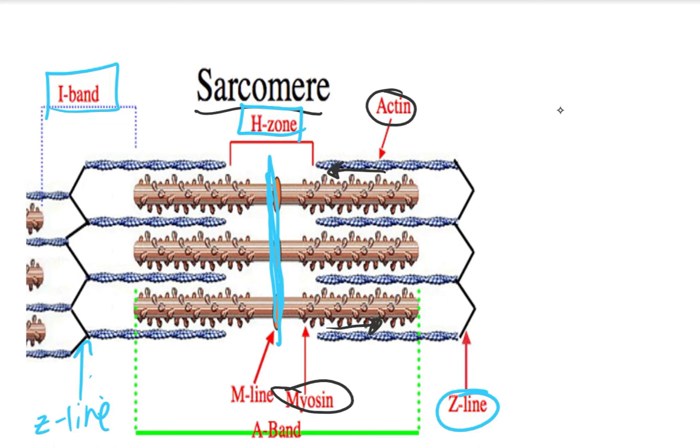And myosin being thicker is also heavier. So the H zone is the heavy zone because it consists only of myosin. And lastly, we have what's called the A band. The A band contains both actin and myosin filaments. So the A band contains all of the filaments. So the A in A band stands for all of the filaments.